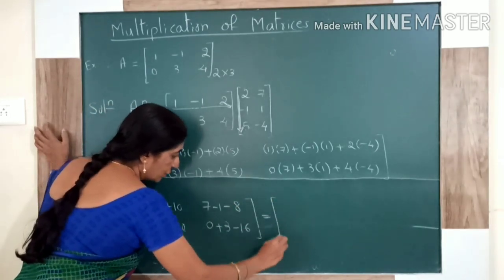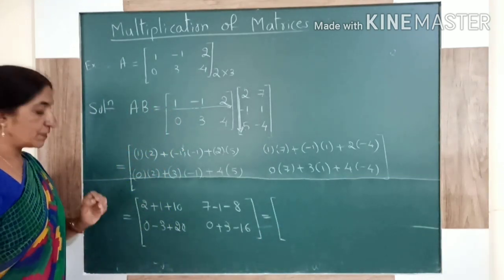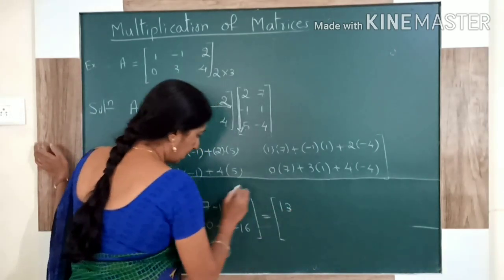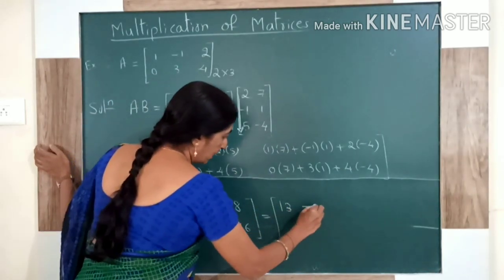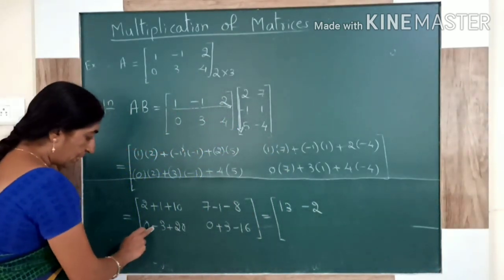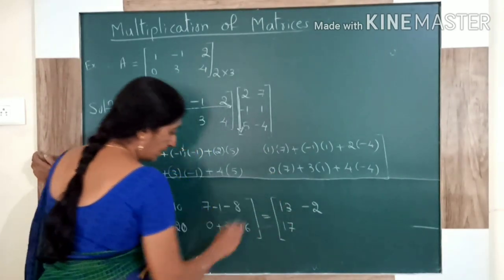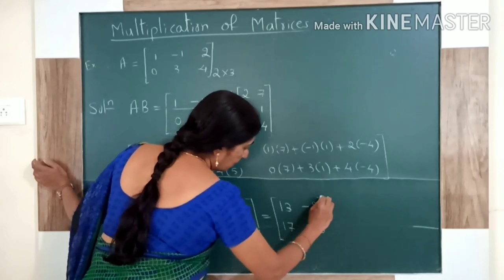After multiplication, according to the sign, if it is a plus, go for addition or subtraction. 2 plus 1 plus 10 is 13. 7 minus 1 minus 8, that is minus 2. Minus 3 plus 20, that is 17. Then 3 minus 16, that will be minus 13.